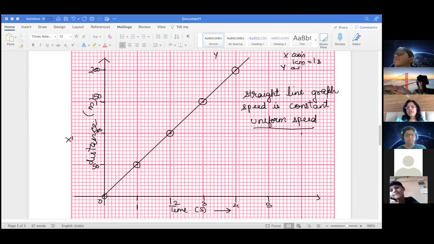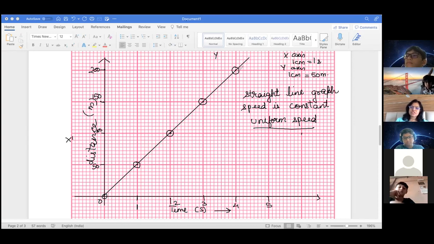On the y-axis, 1 centimeter is equal to 50 meters. This is your scale. We write the scale on the right hand side of the graph paper, and then we draw the readings. The table is given, the observation table, and you have to draw. If you get this type of graph, that means the object is moving with uniform speed, or you can say speed is constant, and you get a straight line graph.